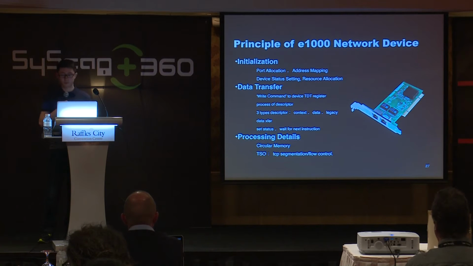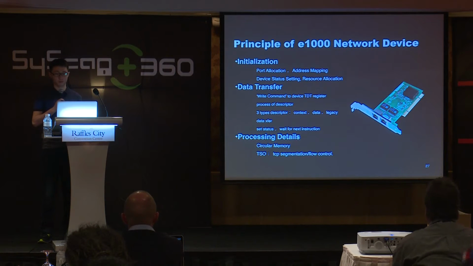Let's pay attention to the operation principles of gigabit network card emulators. In the first place, the operating system selects the corresponding driver according to the type of network card when it starts. Then the driver will distribute I/O ports and memory addresses, initialize the device status, and allocate memory resources for the descriptor table.